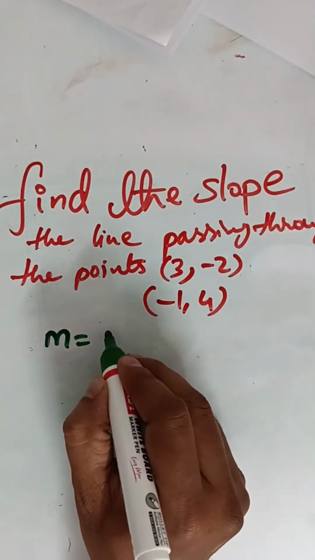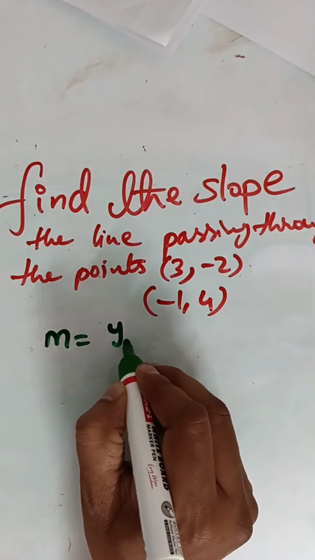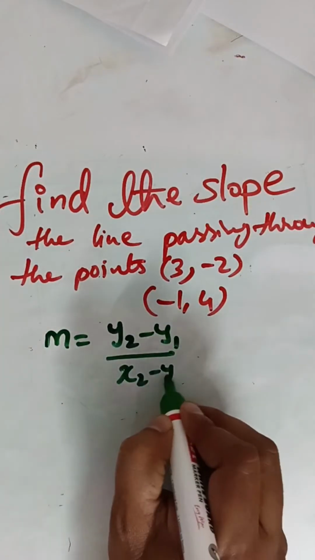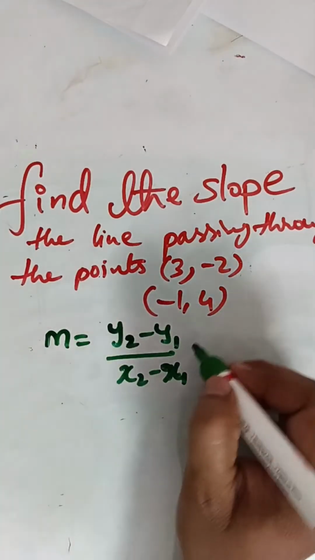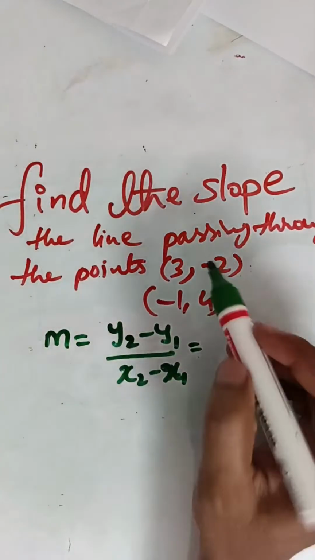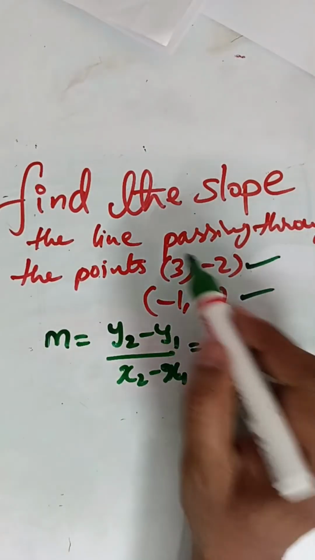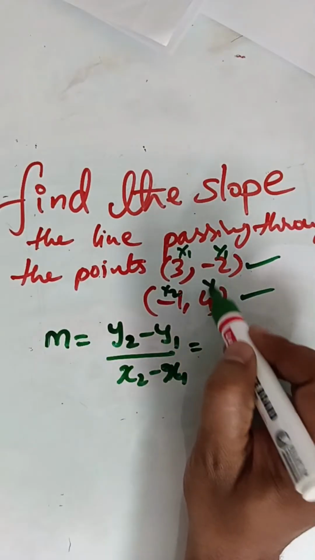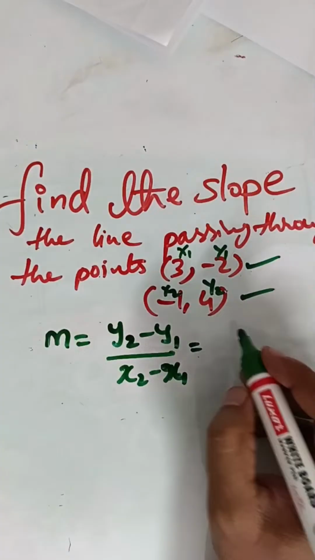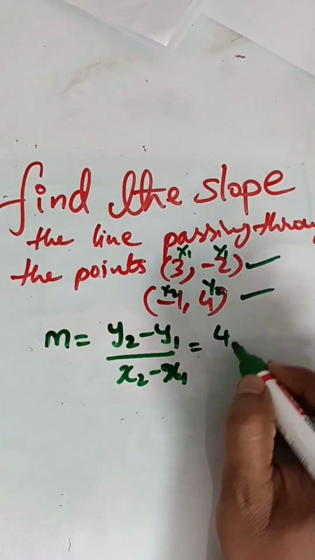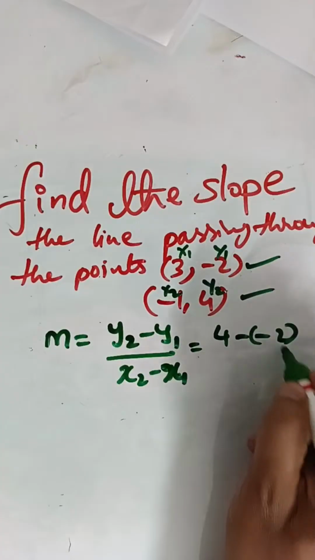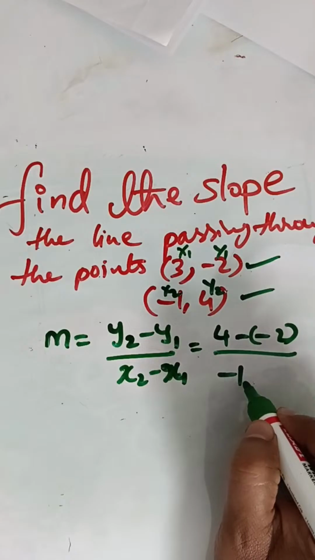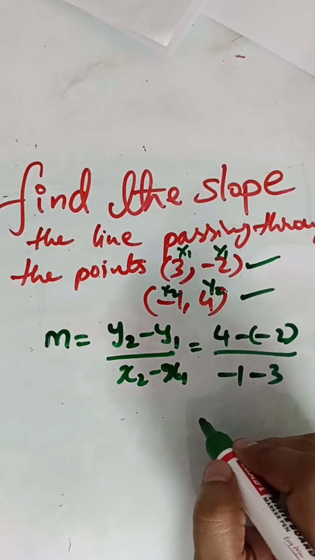m is equal to (y2 minus y1) divided by (x2 minus x1). Just substitute. This is point 1, this is point 2. So this is x1, y1, x2, y2. So y2 is 4, y1 is minus 2, x2 is minus 1, x1 is 3.